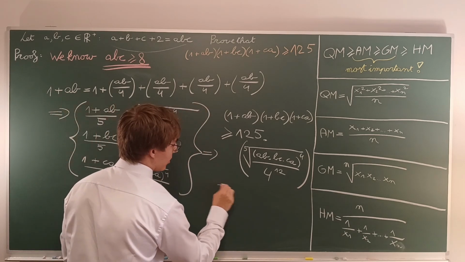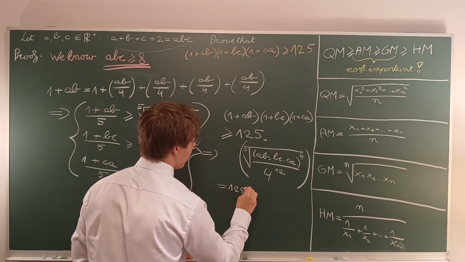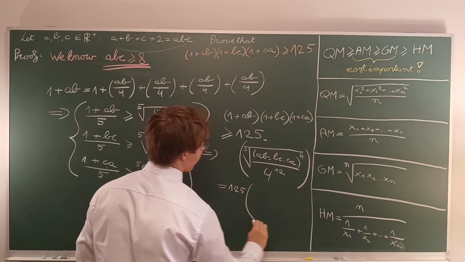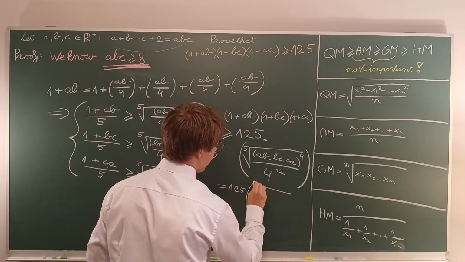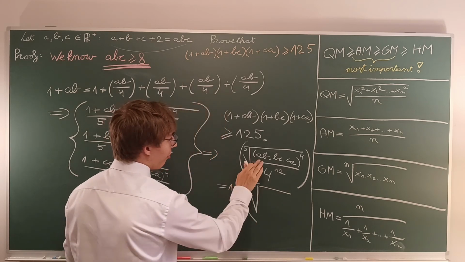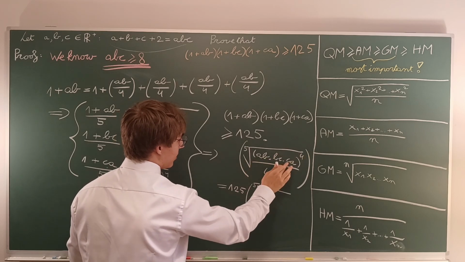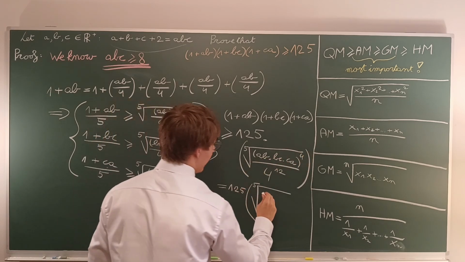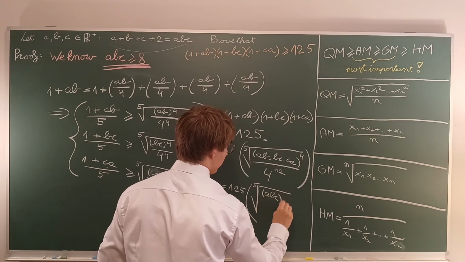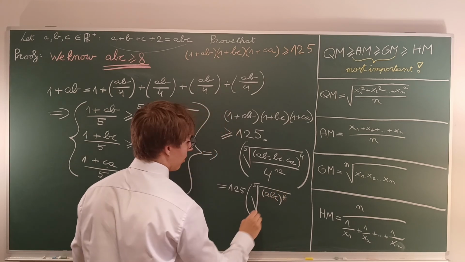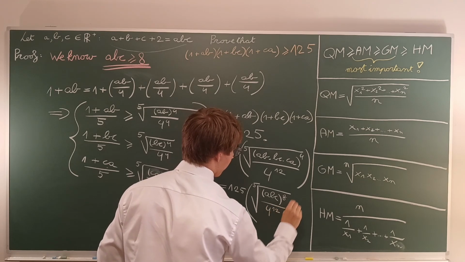But now, of course, this is equal to 125 times the 5th root of, and this will get us a to the 8th, b to the 8th, c to the 8th, which will be abc to the 8th over 4 to the 12th.